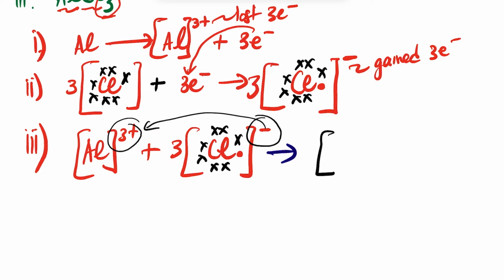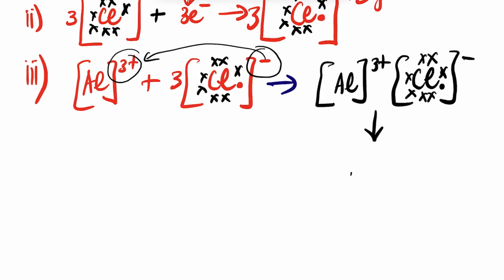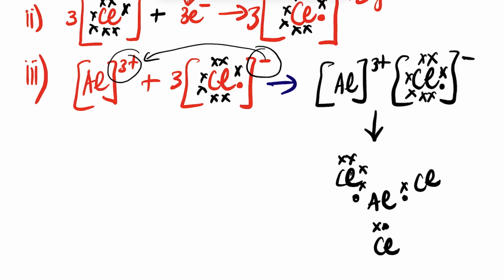It's going to form something like this: aluminium as the central ion, with a chlorine there, and a chlorine there, and a chlorine there.